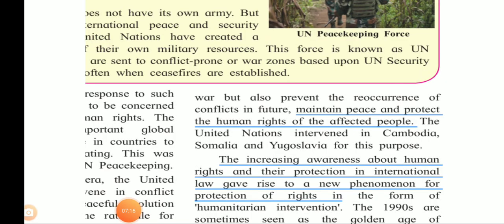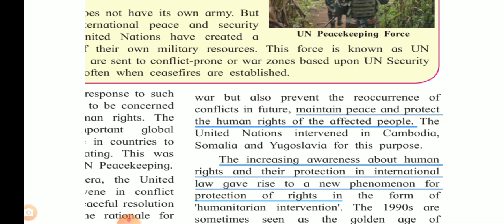Skip one line and write the example. Give title: Humanitarian role played by India. Under that, subtitle: United Nations Transitional Authority in Cambodia.